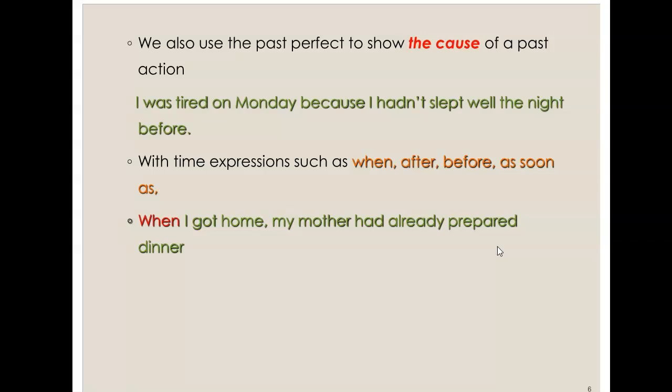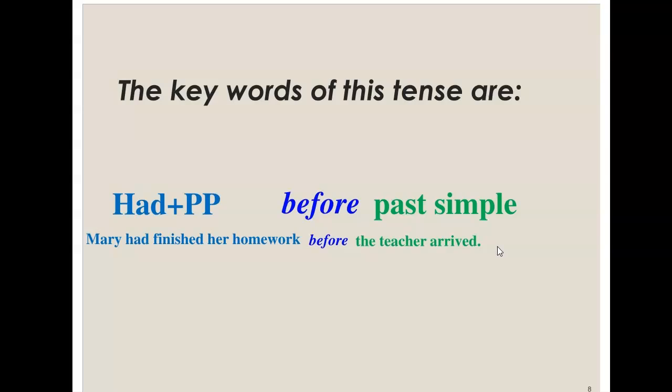I was tired on Monday because I hadn't slept well the night before. I hadn't slept is the past perfect also. The key words of this tense are had, past perfect, before, past simple.